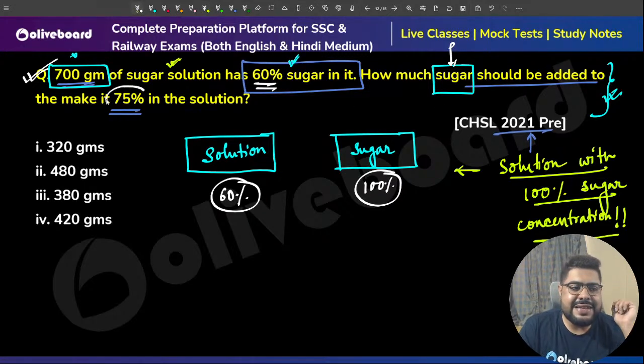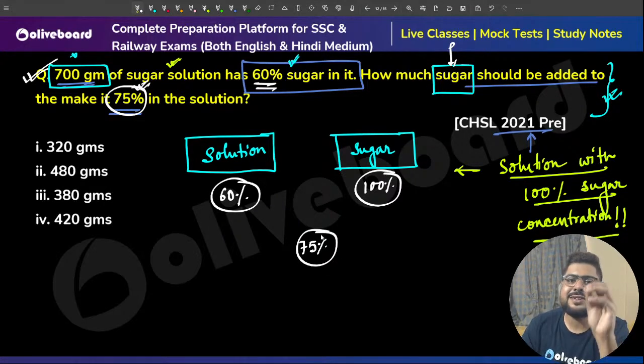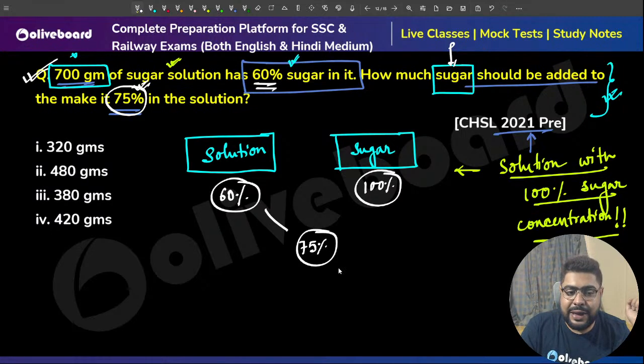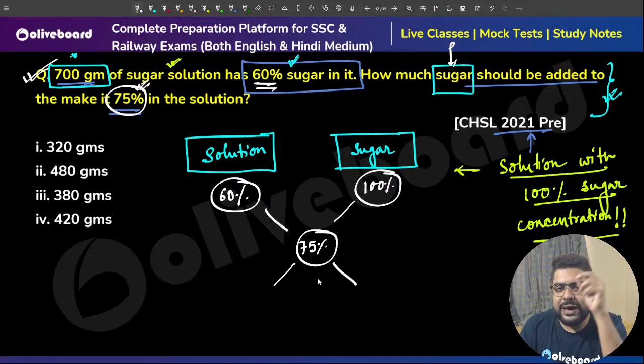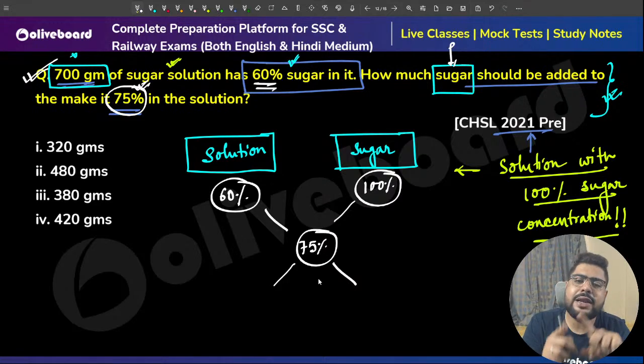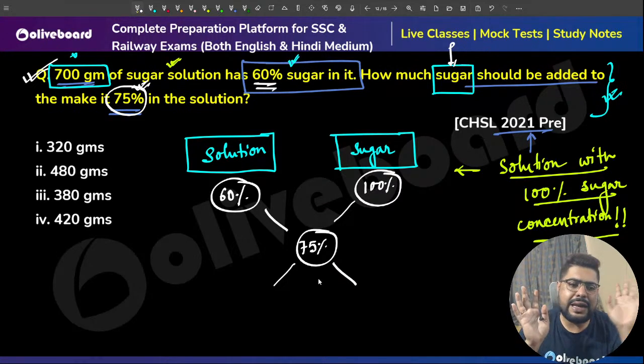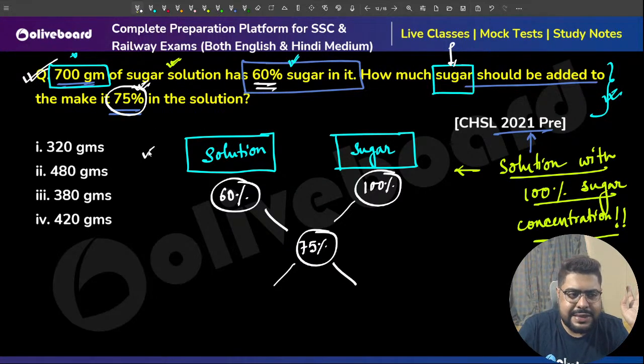And the resultant solution has 75% concentration. Now you see it's a very template question of allegation. It is all about the mind. If you can understand that yes, we can use allegation here, then everything is easy. Once this line is done, everyone can solve it.